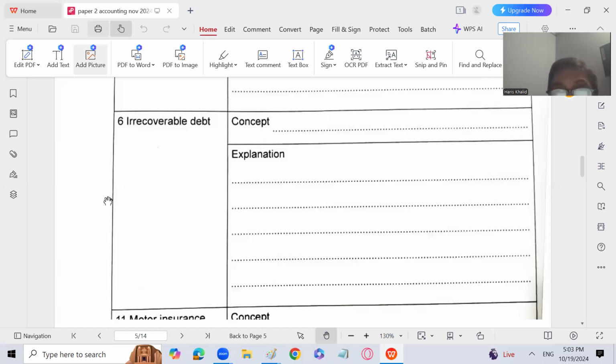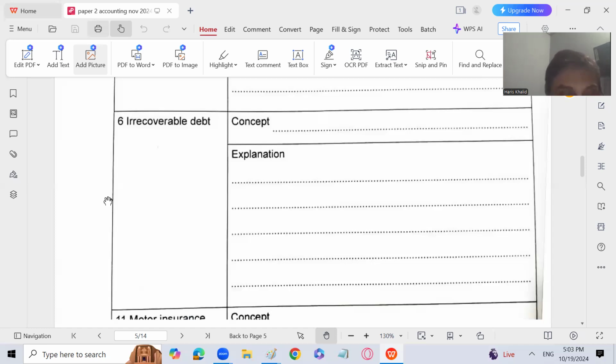Irrecoverable debts, bad debts, are supposed to be written off in the period to which they relate, in which the trade receivable has denied to pay or is unable to make the payment on the due date. That is why it has become bad debts, and that is an expense for the business.